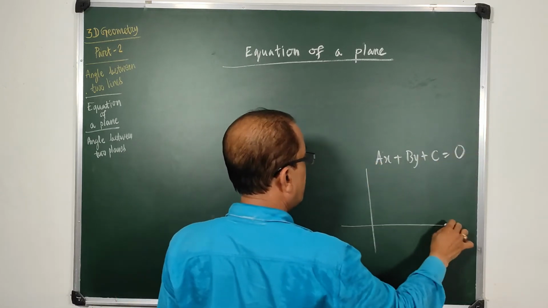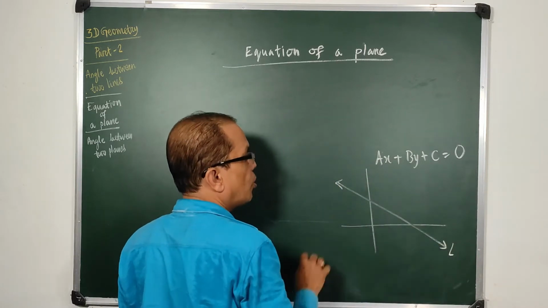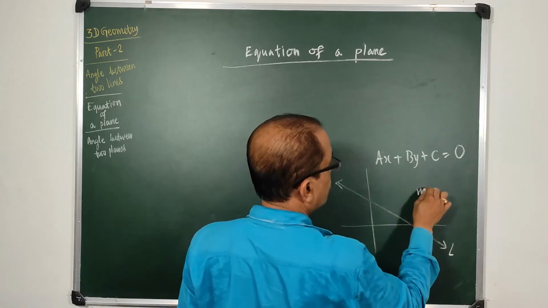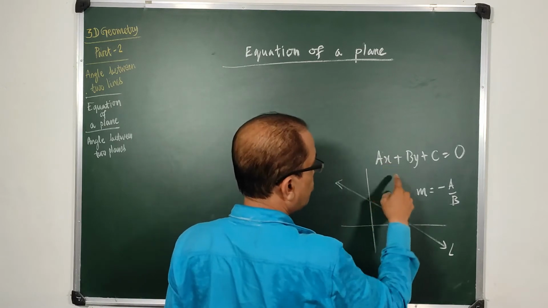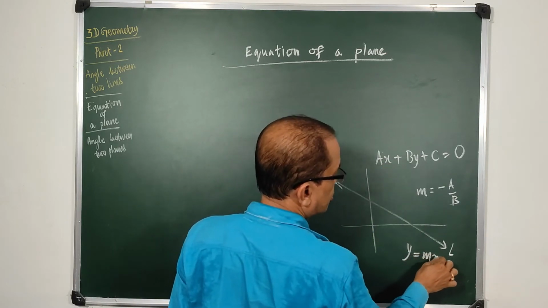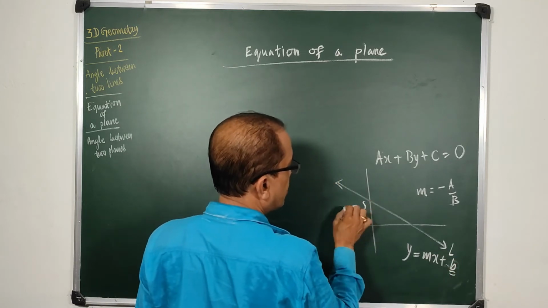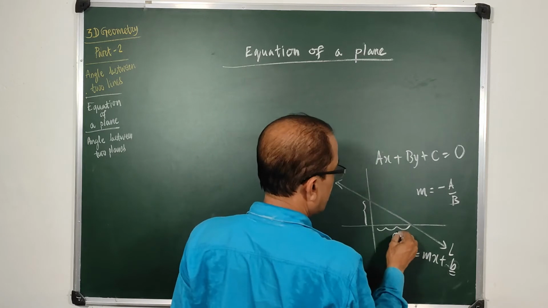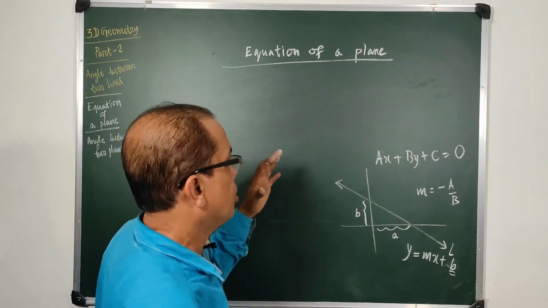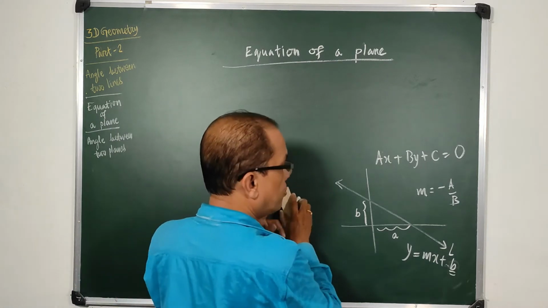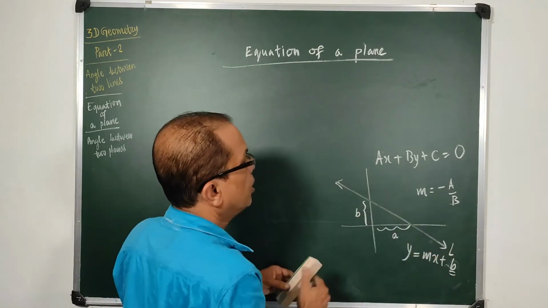This is line L, and for this line your slope is minus a upon b, and this can be put also in the form y equal to mx plus c, where c is the y intercept. This was a precap, to make you remember that the equation of a straight line, which is a two-dimensional, planar thing, looks like this.